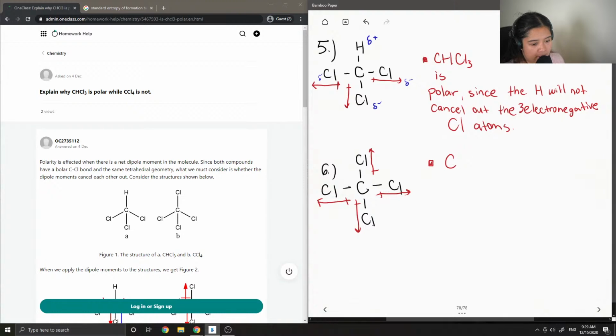So I can say CCl4 is a nonpolar molecule.